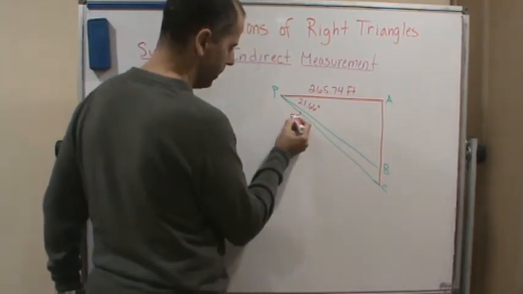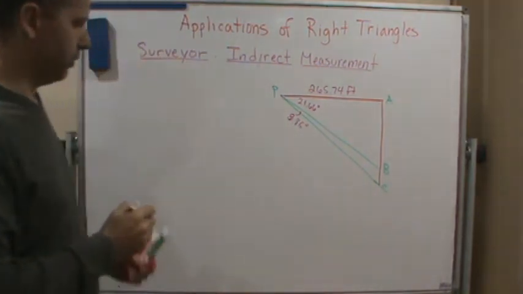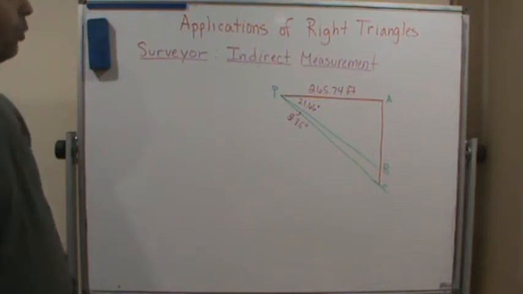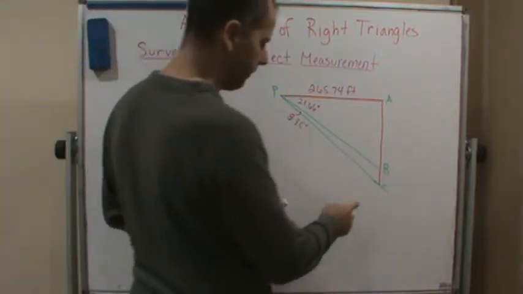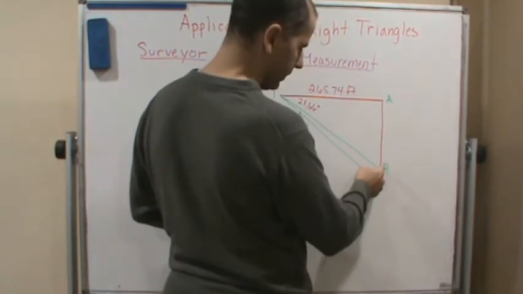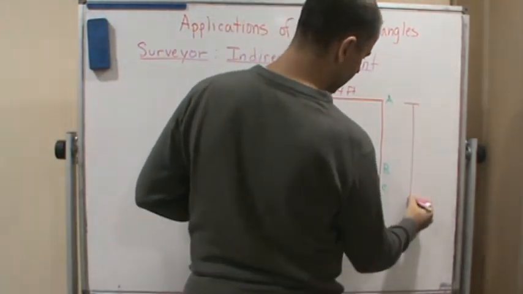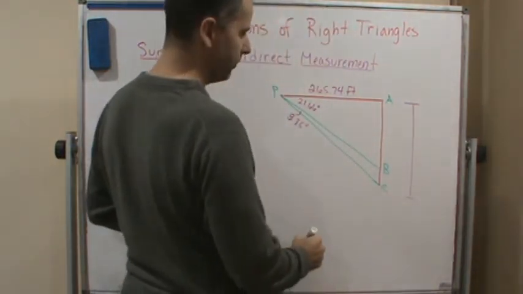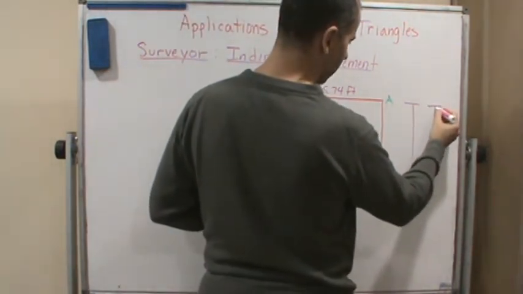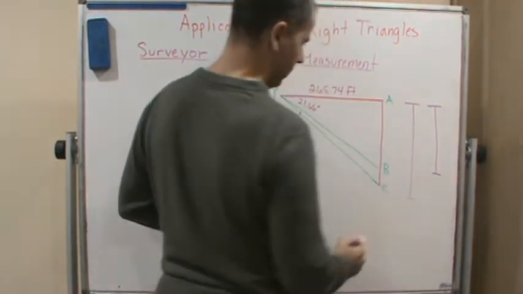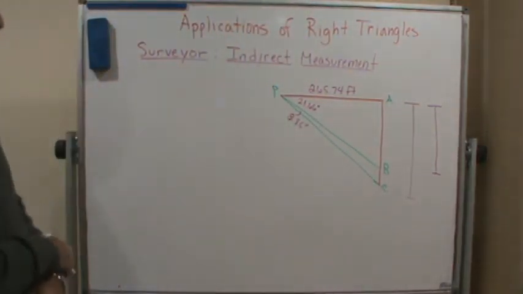In order to find this distance, we are going to first find AC, then find the distance AB, and then just subtract.